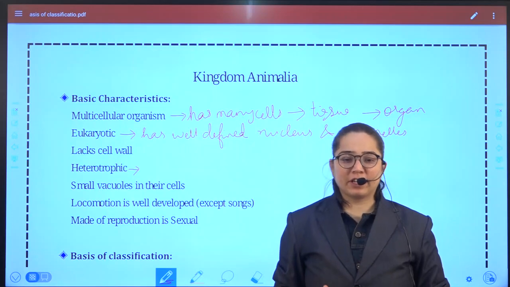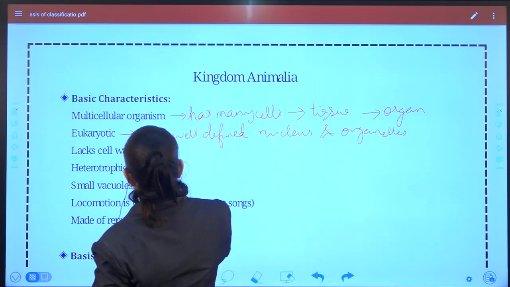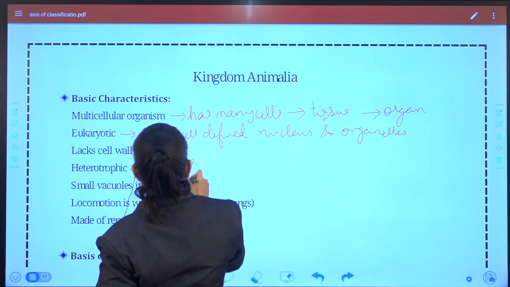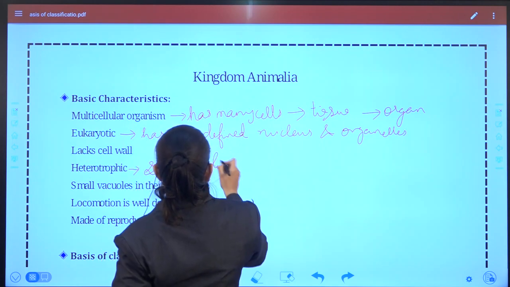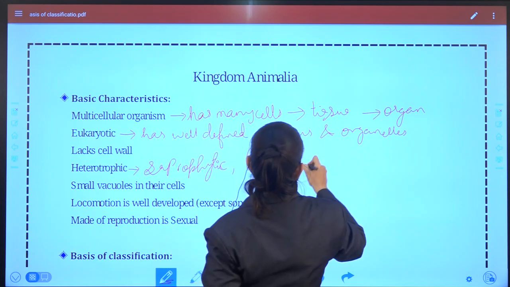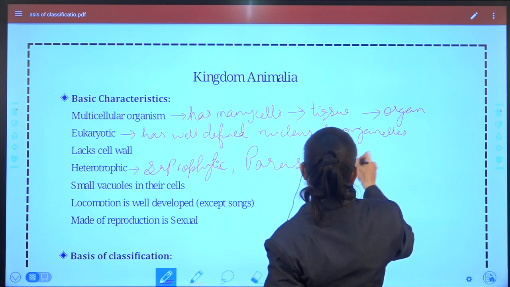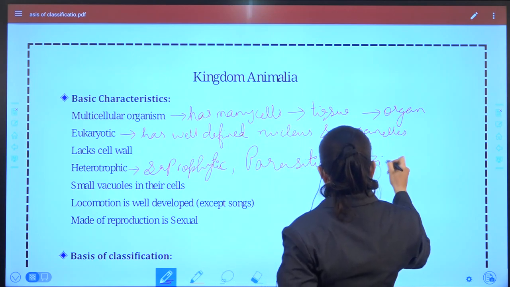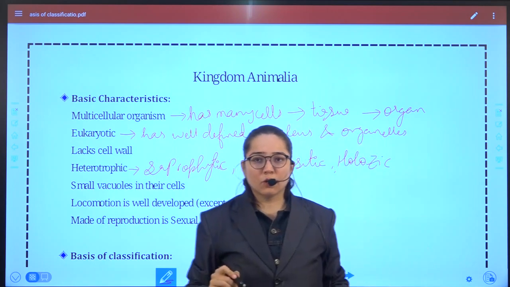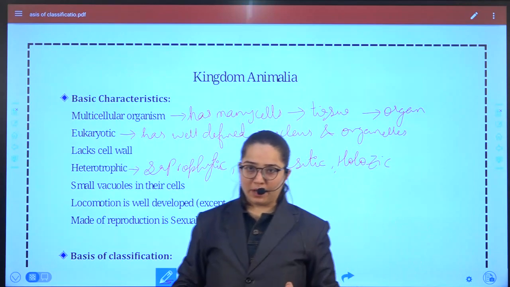It is further divided into three parts: saprophytic, parasitic, and holozoic. These are the three modes of nutrition in the heterotrophic part.